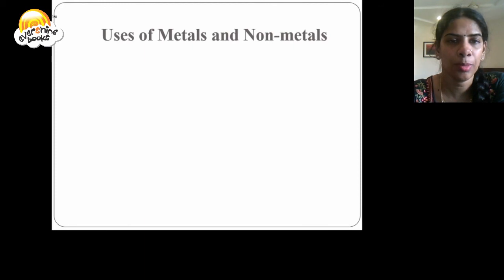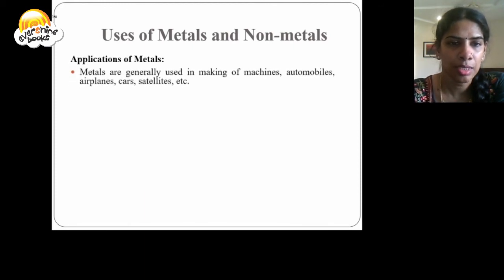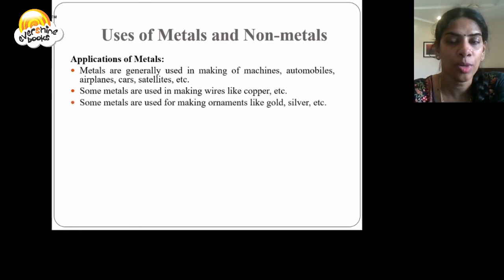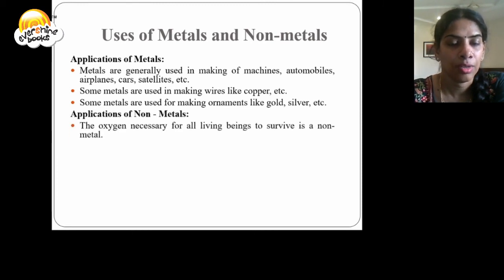Let us now discuss the uses of metals and non-metals. Metals are generally used in making machines, automobiles, airplanes, cars, satellites, etc. They are used in making wires, like copper. They are also used for making ornaments like gold, silver, aluminium, etc. Non-metals, especially oxygen, are necessary for all living beings for their survival.